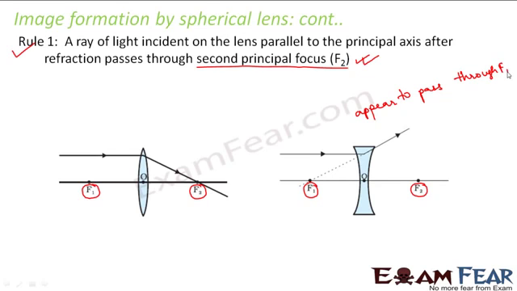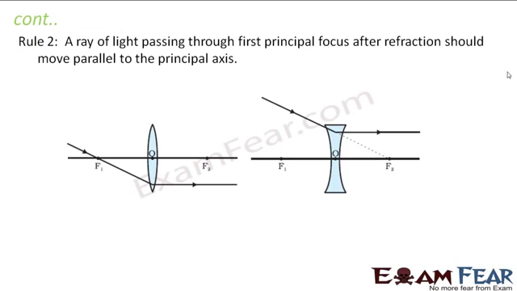Now let us look at the next rule, rule number 2. It says a ray of light passing through the first principal focus, after refraction, should move parallel to the principal axis. If you see, these laws are exactly similar to the laws we studied in the case of spherical mirrors. Here the incident ray passes through the first principal focus, so after refraction it goes parallel to the principal axis.